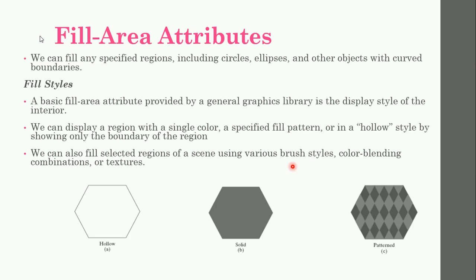Like in Paint, you have different brush styles, or you can fill a solid color using a combination of RGB colors, and different textures are also possible for showing particular scenes on the screen.